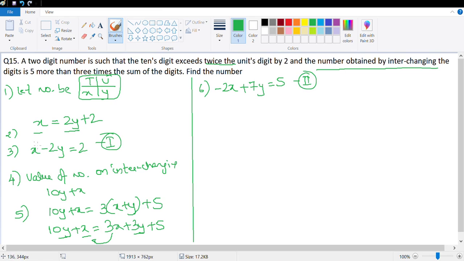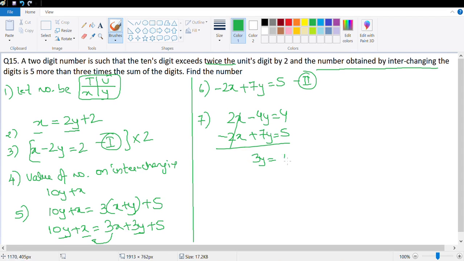Let's multiply the first equation with 2. And what we get is 2x minus 4y is equal to 4, and negative 2x plus 7y is equal to 5. Adding them, negative 4y plus 7y is 3y.